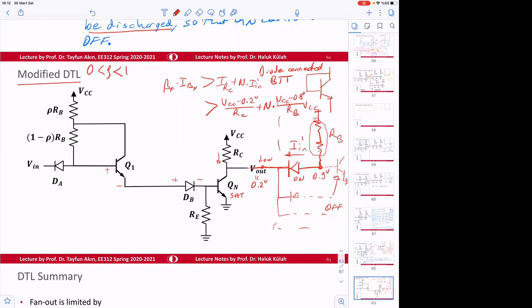Okay, basically here we have RB, and then it's a large resistance. We can select it to be large, and therefore this current I in prime is going to be small. Anyways, so this is VCC.